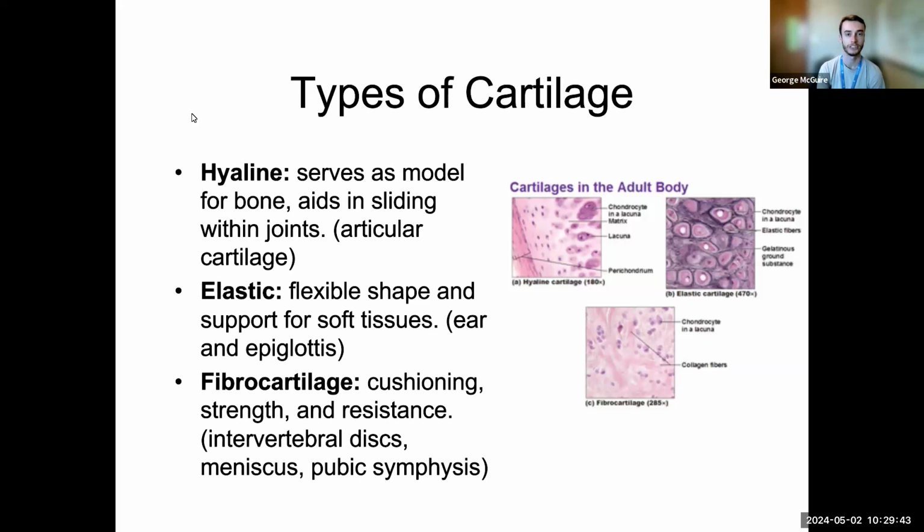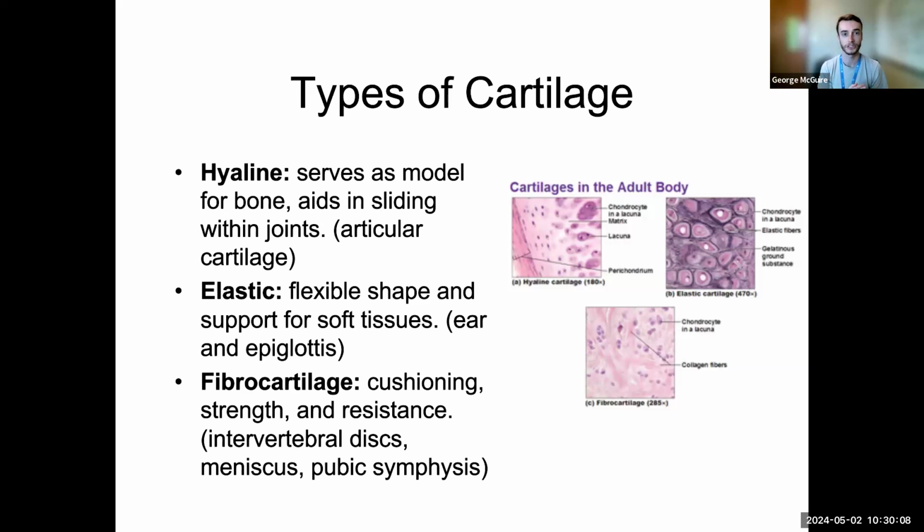So hyaline cartilage is the most fluid of our three examples here. It is a viscous fluid. And in our joints, it is going to serve as articular cartilage, which is going to produce some lubrication for where the bones would meet in a joint so that they can slide off of each other without really rubbing on that bone.